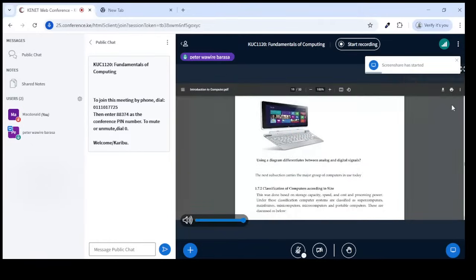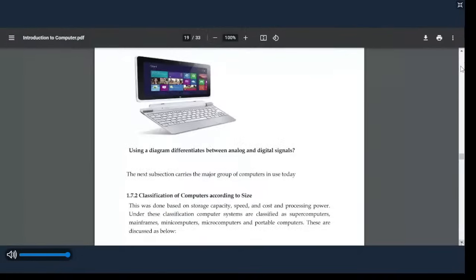So next we go. The next subsection carries the major groups of computers in use today. This is what we call classifying computers according to size. If you classify computers according to size, it is very important that you know that there are different sizes.